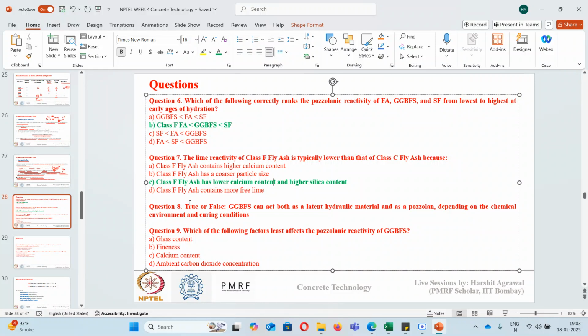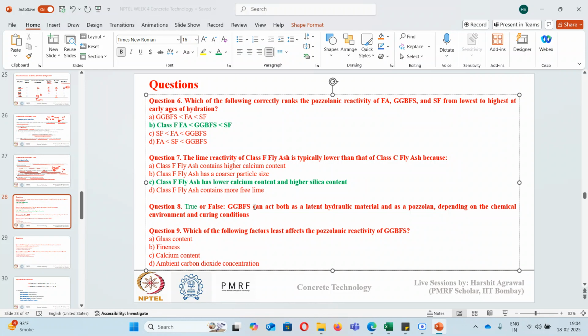Third question, true or false: GGBFS acts as both a latent hydraulic material and as a pozzolan, depending upon the chemical environment and the curing condition. So this is true. This we have already discussed. GGBFS can act as a latent hydraulic material in the presence of water and activators like alkali ions and sulfates.